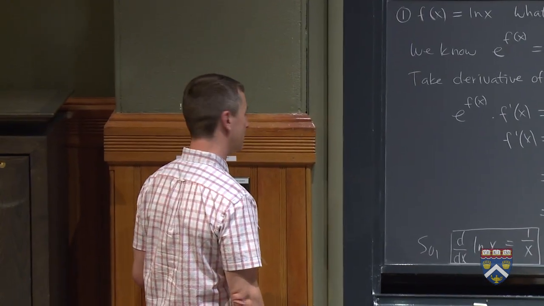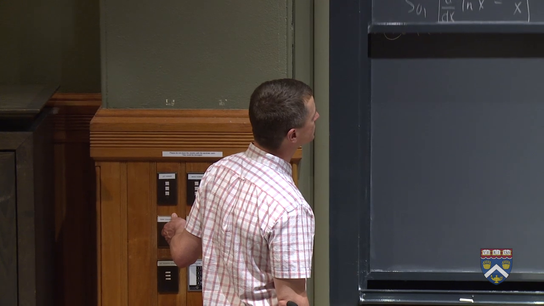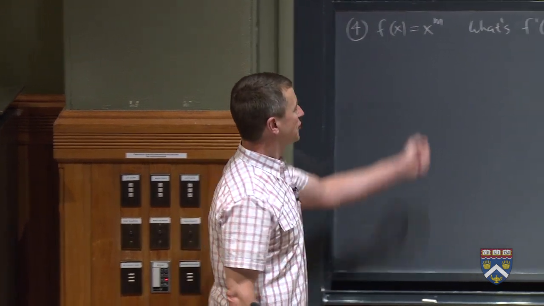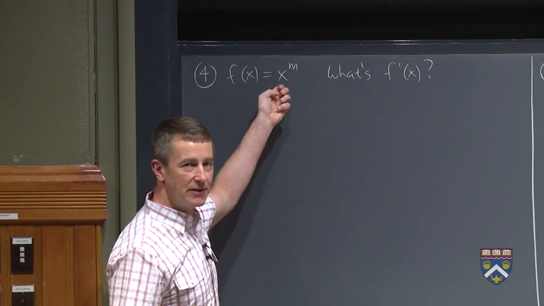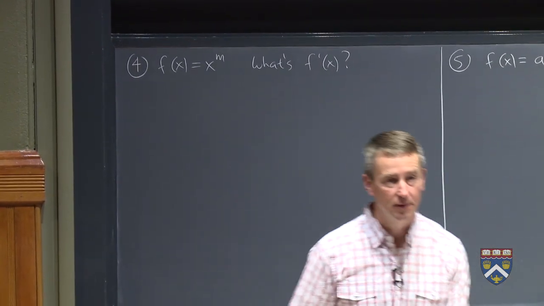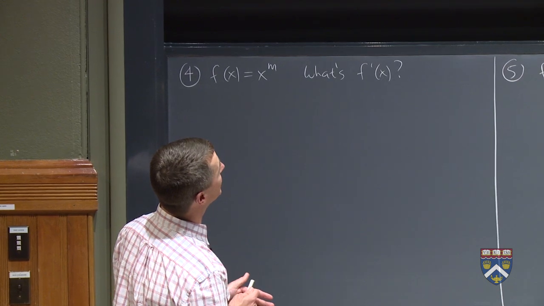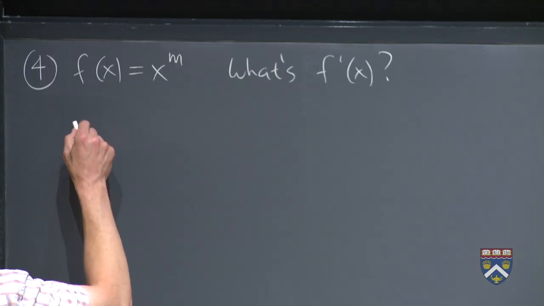Let's do 2 more. So you remember also that last week we stated the power rule, but we only proved it for positive integer values of m. So now we can use the same technique as we used for part 2 there.